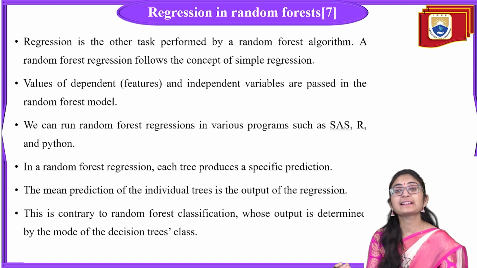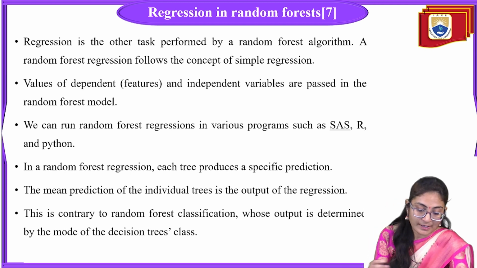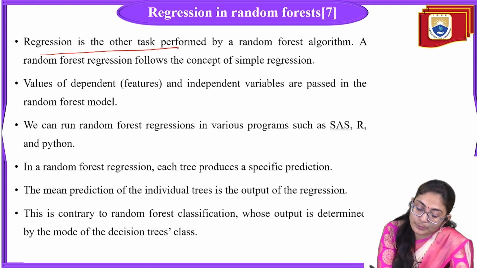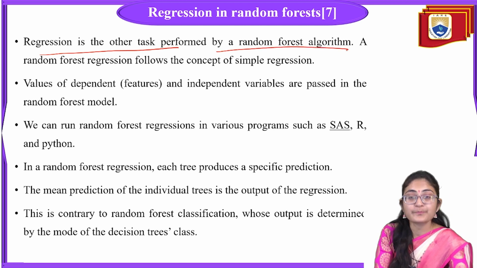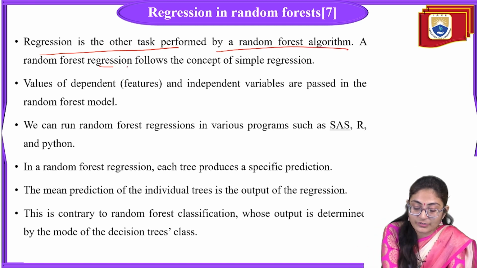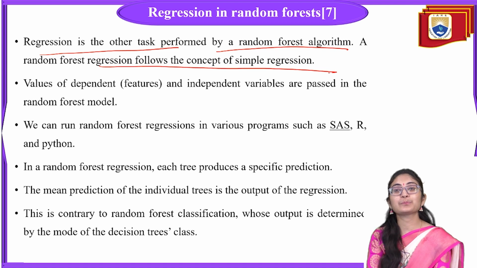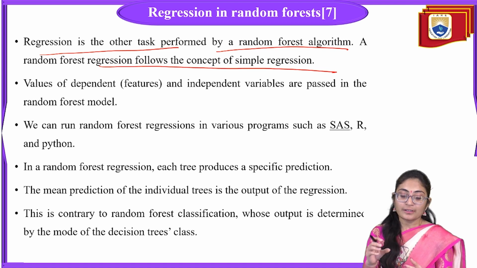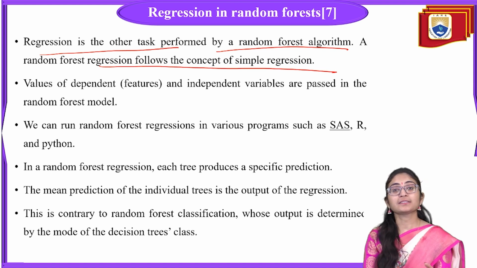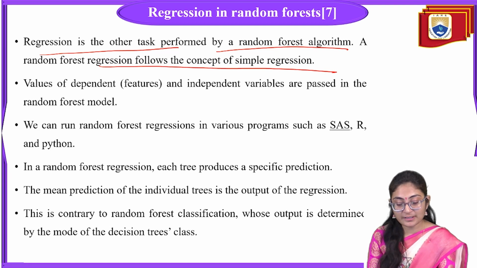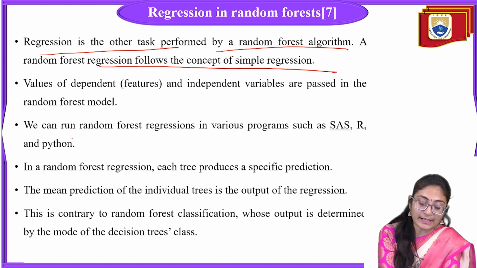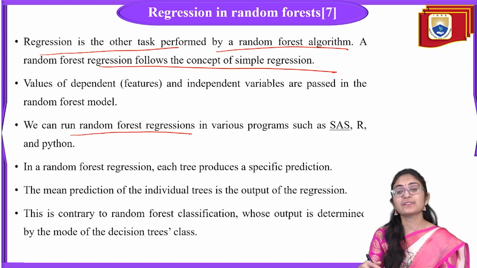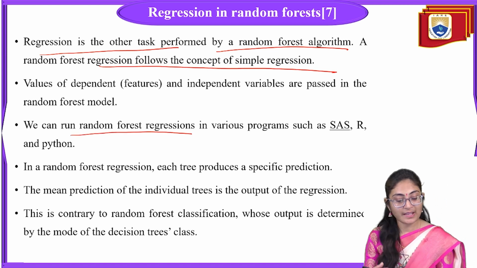Now we will see regression in random forest. Regression is the other task performed by the random forest algorithm, and random forest regression follows the concept of simple regression. The values of dependent and independent variables are generally passed in the random forest model, and we can run the random forest regression in various programs such as SAS, R and Python.